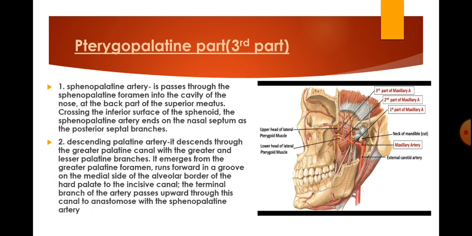It emerges from the greater palatine foramen, runs forward in a groove on the medial side of the alveolar border of the hard palate to the incisive canal. The terminal branch of the artery passes upward through the canal to anastomose with the sphenopalatine artery.